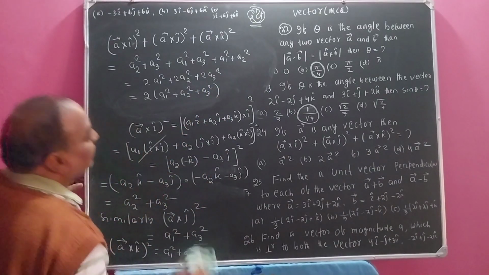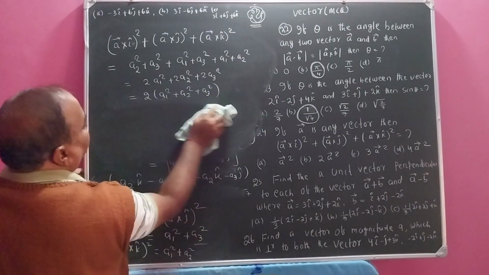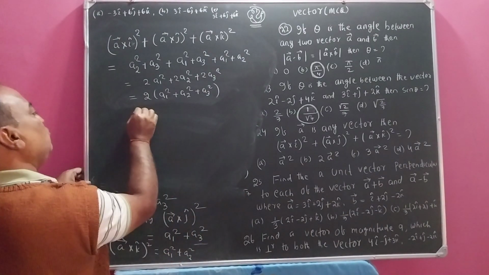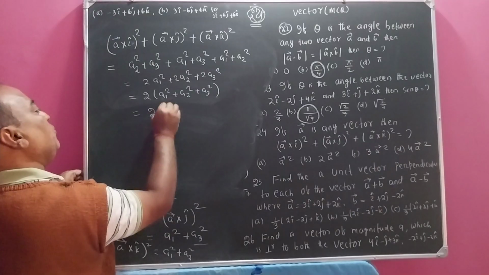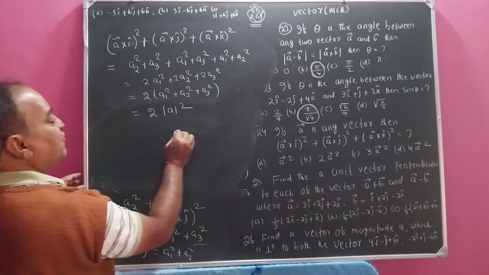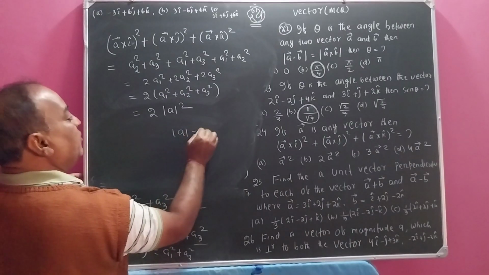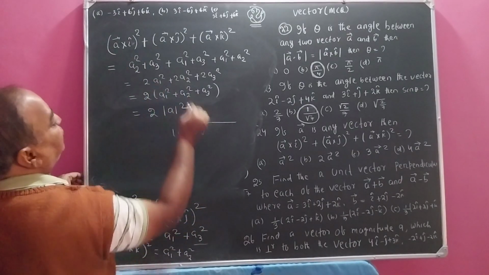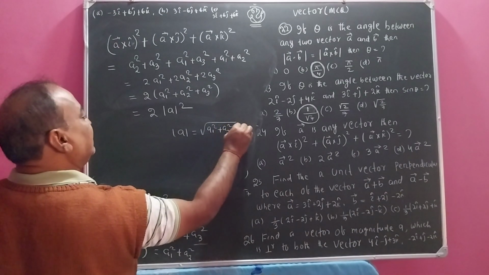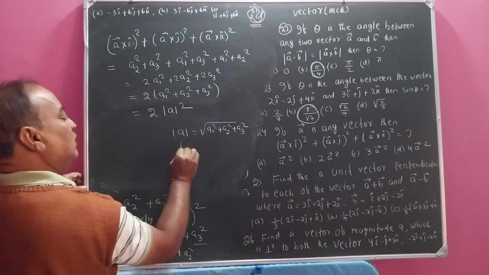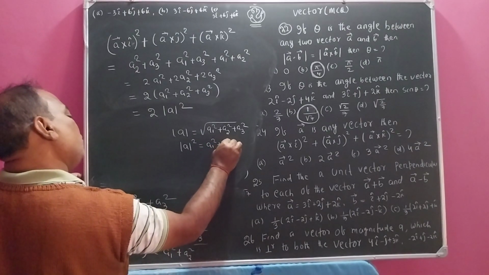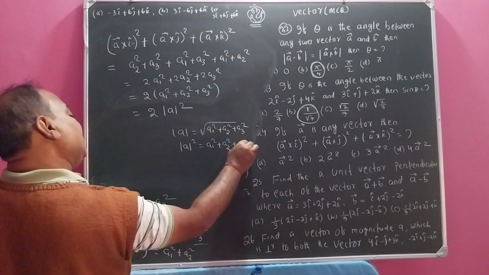So this is nothing but 2 into magnitude of A whole square. Magnitude of A means A1 square plus A2 square plus A3 square, so whole square is coming out A1 square plus A2 square plus A3 square.